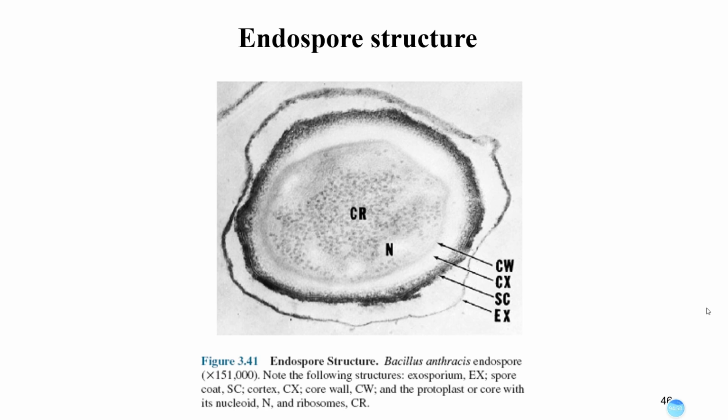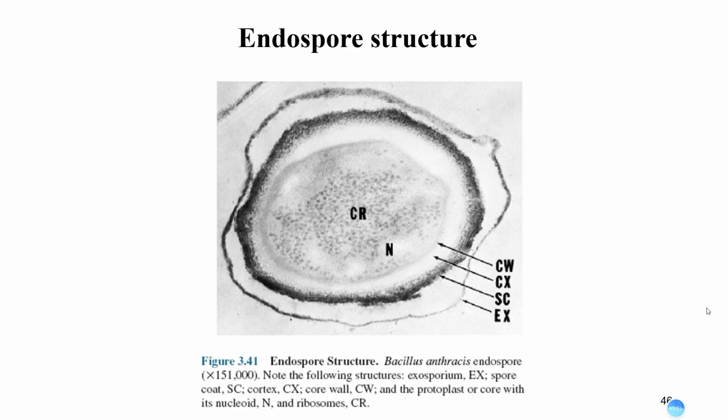Like in boiling water, you can kill vegetative bacterial cells in several minutes, but endospores can survive in boiling water for like half an hour or 1 hour, so you need to treat the bacterial endospore for a longer time to kill them.